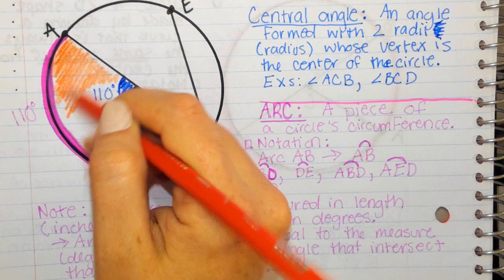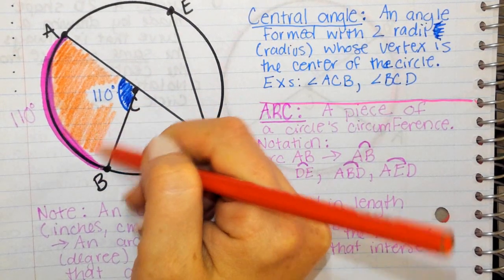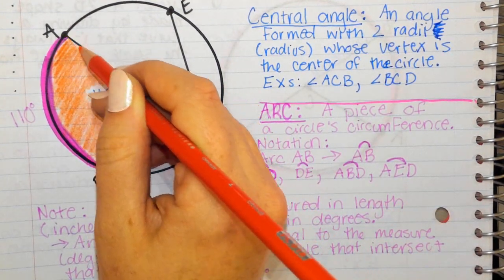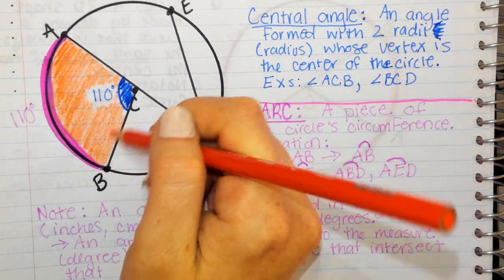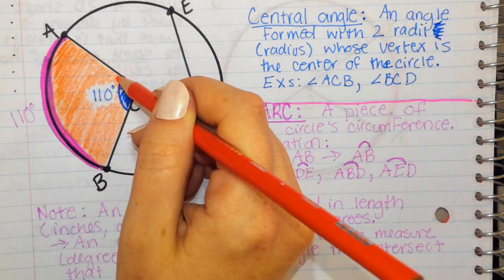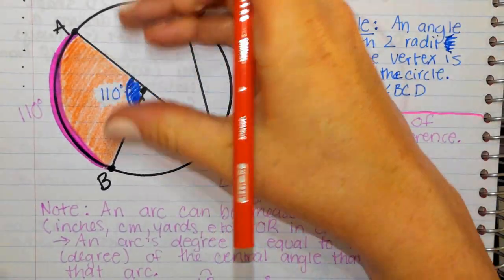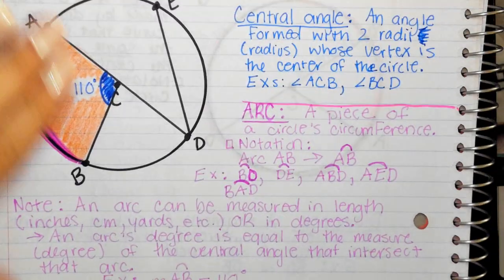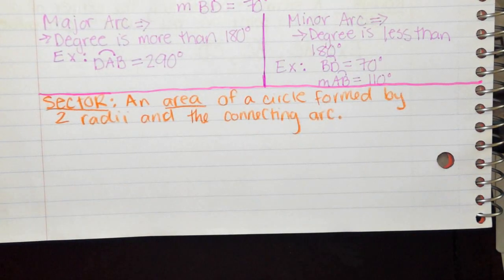So when you're being asked to find something, like maybe the area of a pie slice or the area of a pizza slice, what it's actually asking you to find is the area of a sector. Sector kind of sounds like section, and that's kind of what it is. It's a section of a circle. Notice I shaded this in orange, and we wrote our definition for sector in orange so that those things are related to each other.